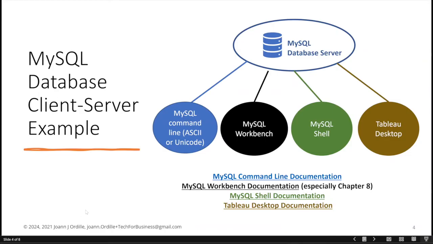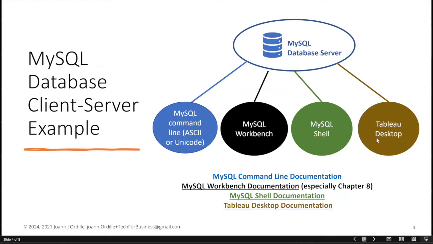When we talk about database clients, there could be more than one kind of client, and MySQL is a very good example of that. So here we have the MySQL database server, and we have 4 different clients. The first 3 clients here are distributed by the MySQL development community.